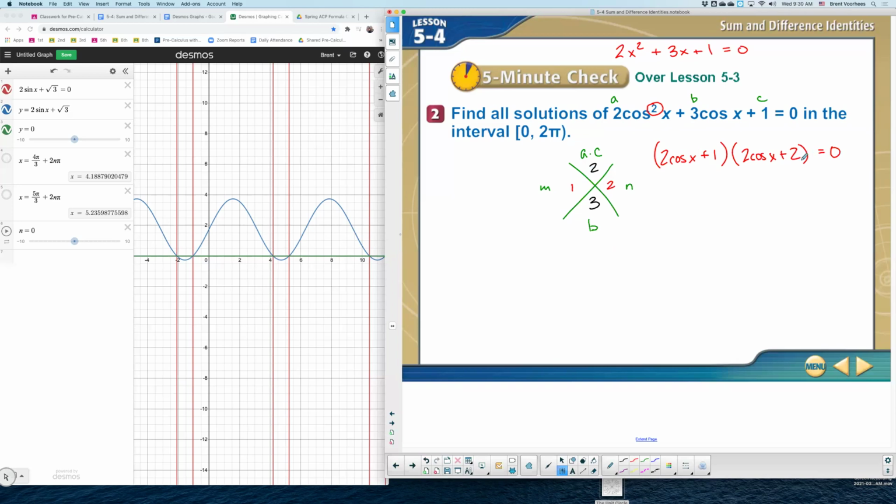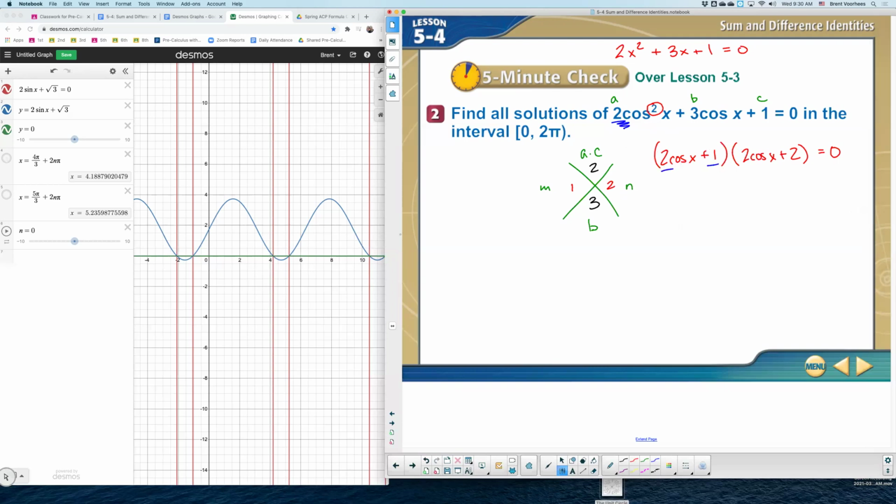All that equals 0. Now I would say this is the factored form, but that's not entirely accurate, because if a is greater than 1, which it is here, then I should only have one a. Notice that's an a, and that's also another a. A is the value of 2, but I wrote it twice, so one of these has to get simplified.